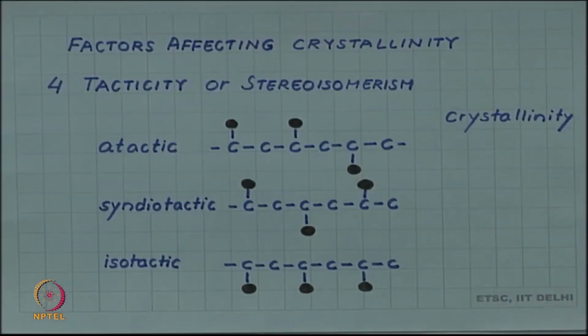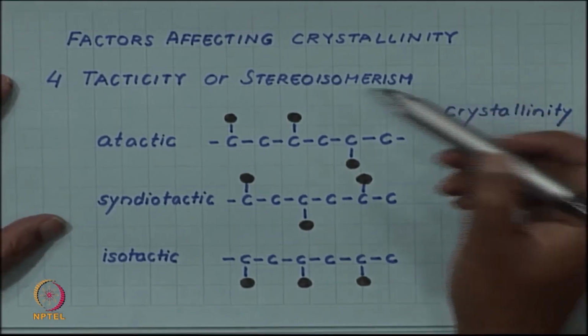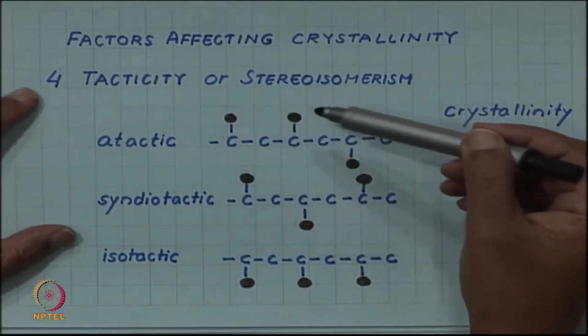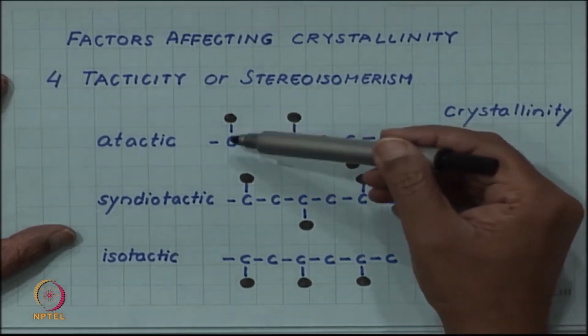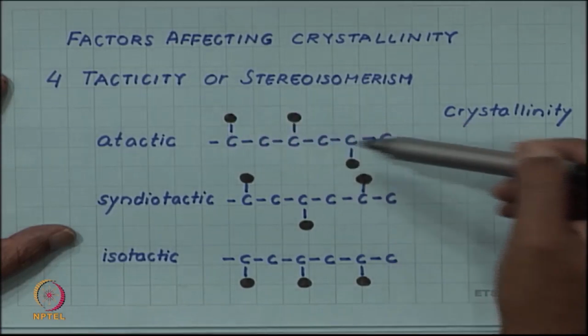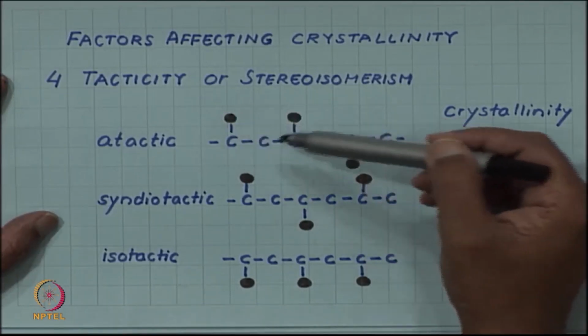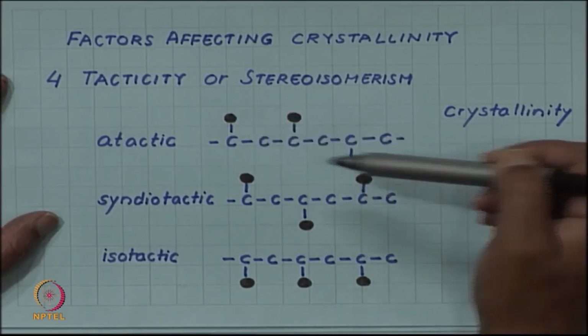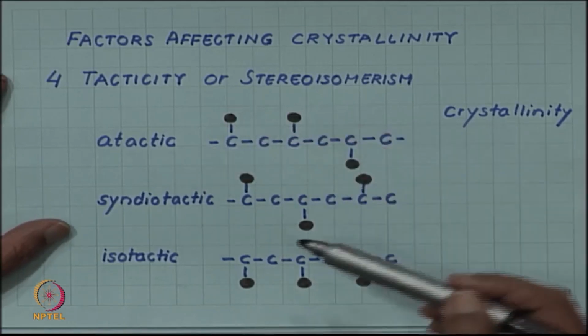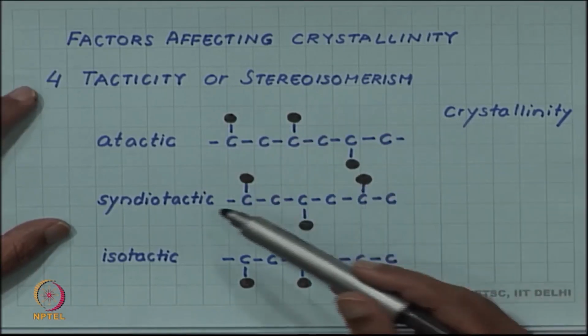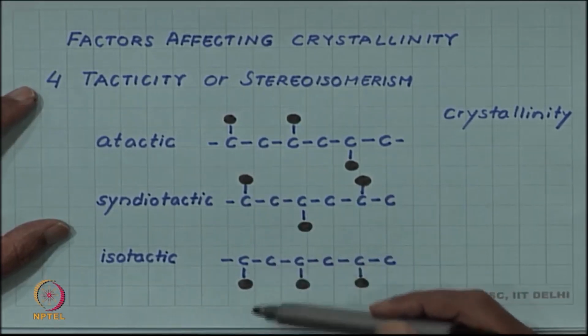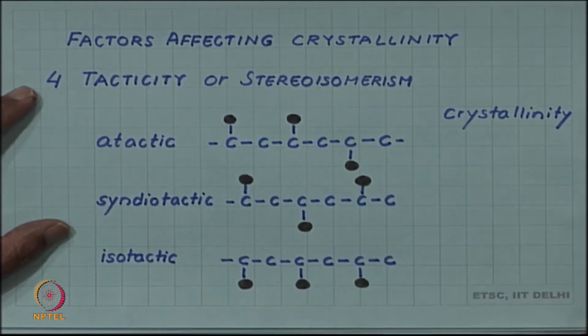We have discussed tacticity or stereoisomerism. If there is a special side group, those side groups can come on either side of the main backbone. If they are coming randomly on either side, then you have atactic. If they are coming alternately on each side, you have syndiotactic, and if they are all on the same side, it is isotactic.